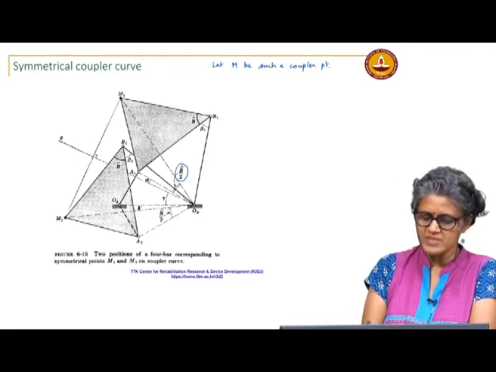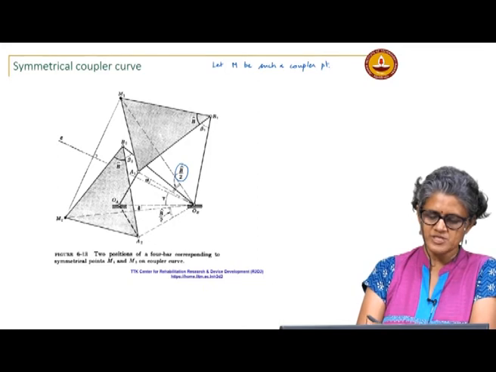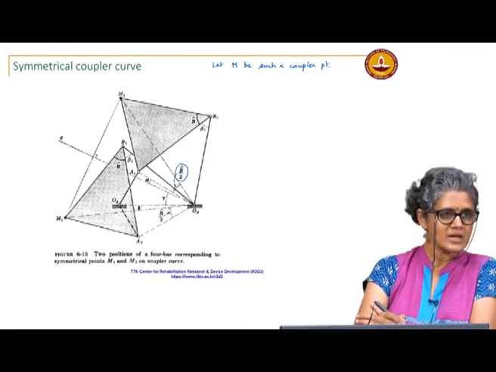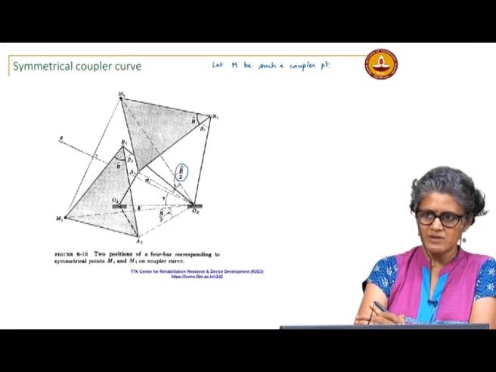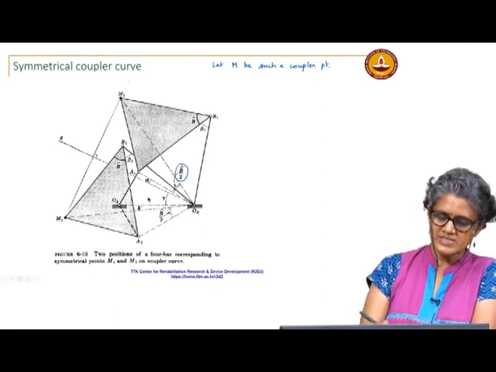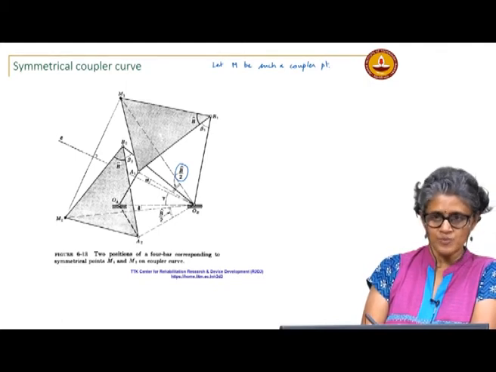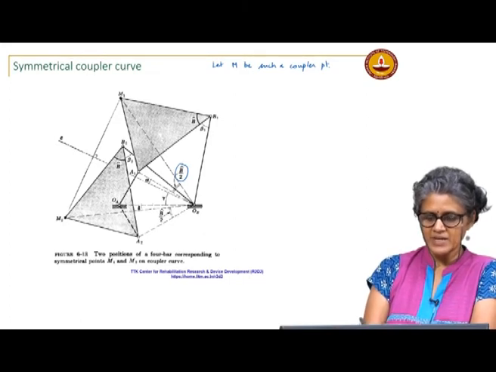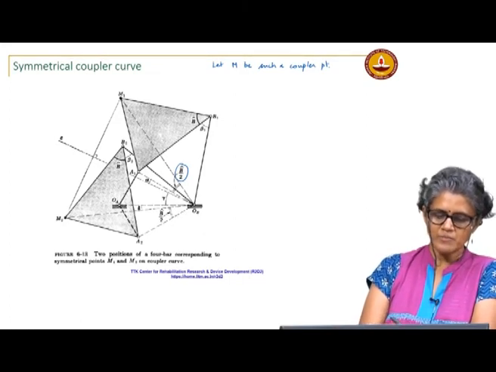Okay, O_A, O_B is here. Let us say for position 1, M1 is where the coupler point is, okay, and let us say that for this position, O_A A2, when it is reflected about the frame, for that crank position, M2 is the point.